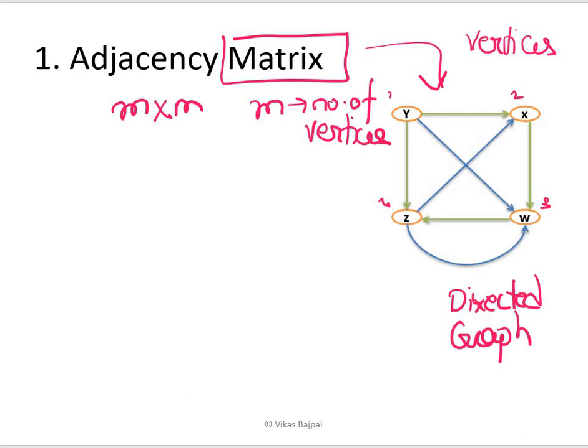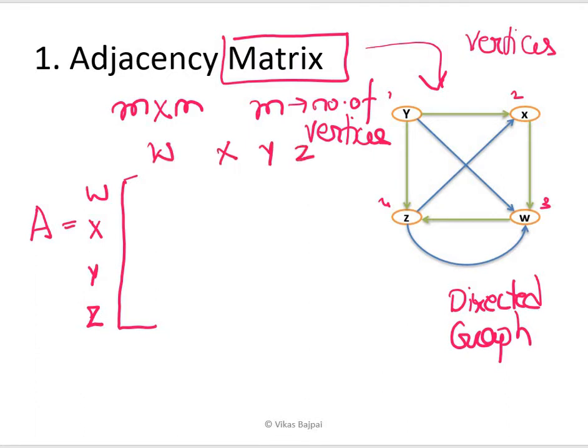So let me say that I have an adjacency matrix A, with rows w, x, y, z, and on this side also w, x, y, z.